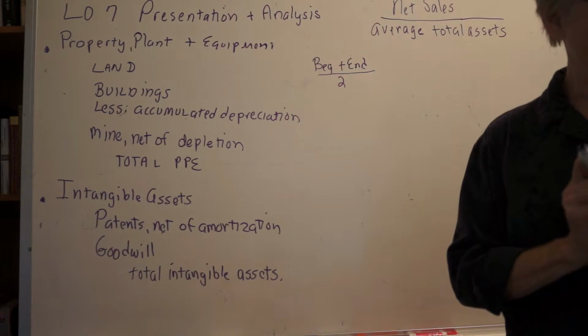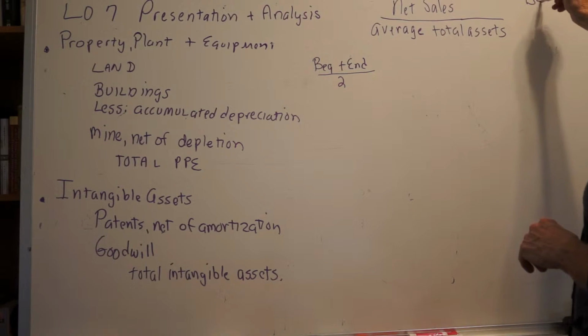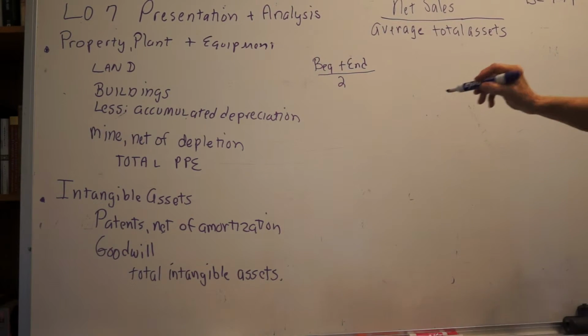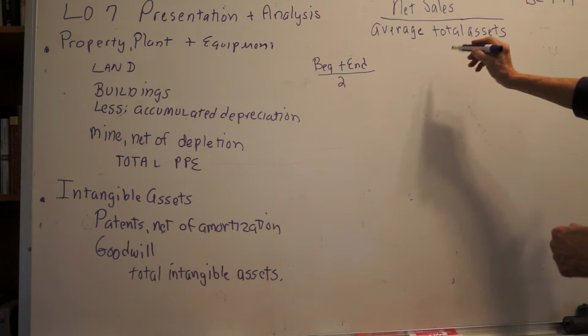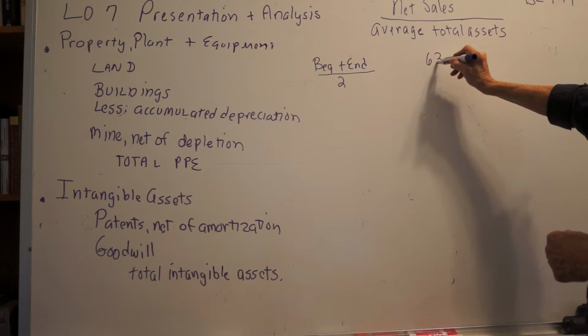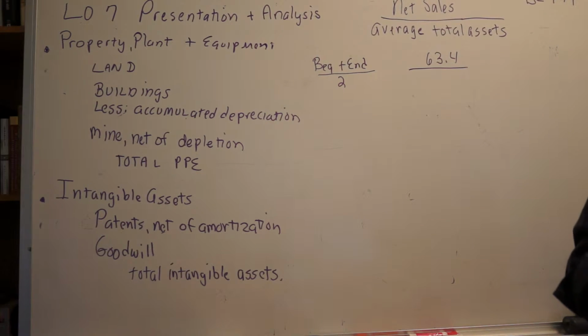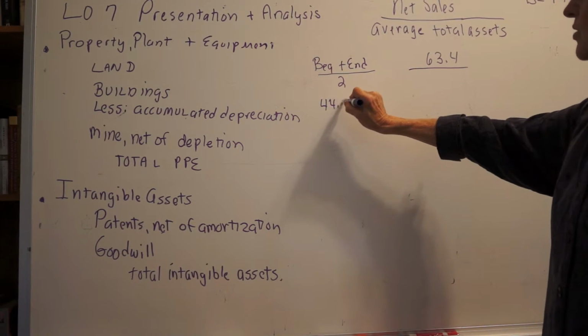If we look at brief exercise 9-14, it just gives us an example of that. They give us the net sales of 63.4. And then we have to compute the average total assets. So they give us beginning of 44.1.